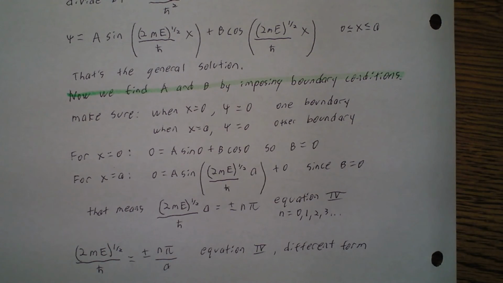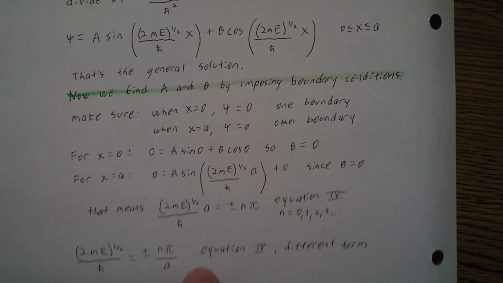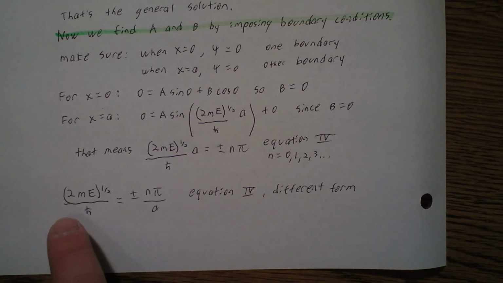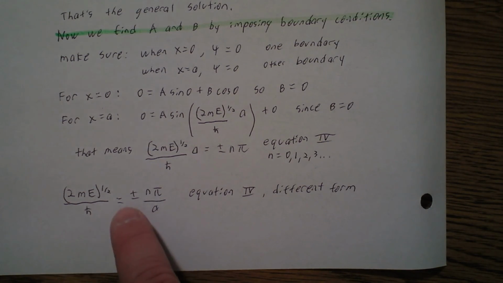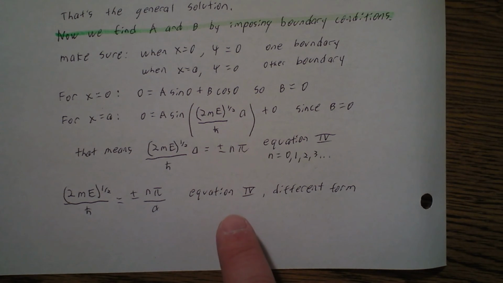That means that the square root of 2mE over h bar times a has got to be equal to plus or minus pi times any integer, 0, 1, 2, 3, etc. So now we get the square root of 2mE over h bar is equal to plus or minus n over a times pi. Okay, we'll call this equation 4. This is a different form.